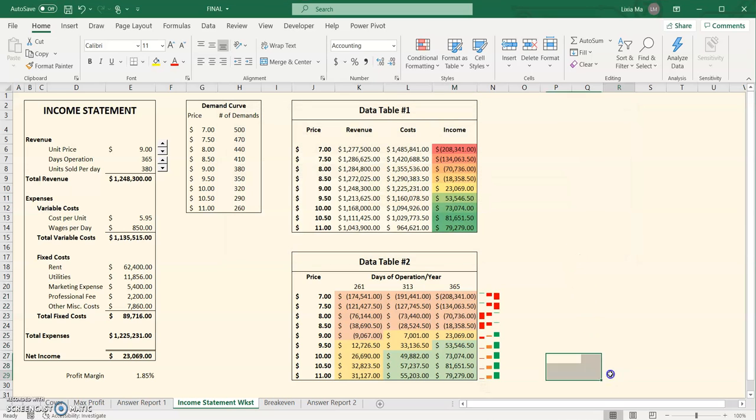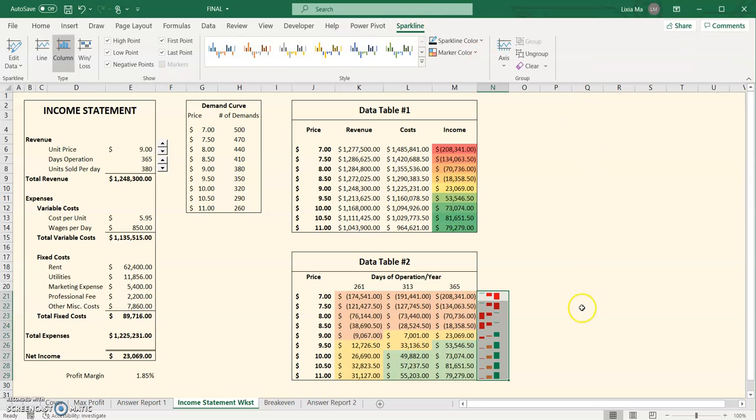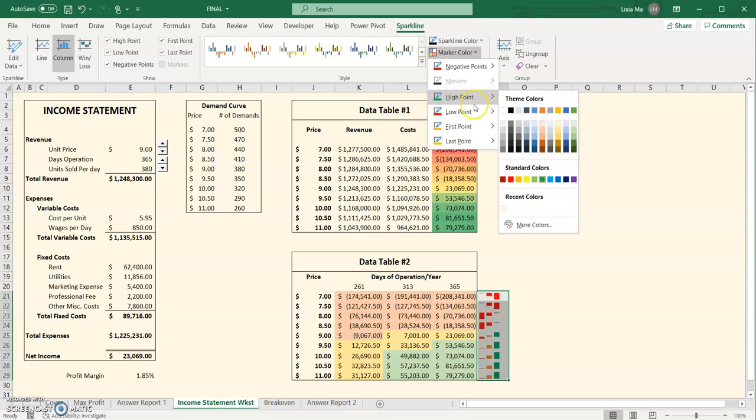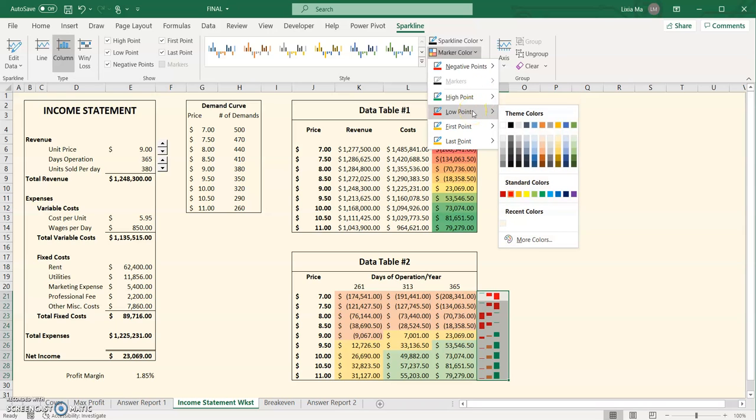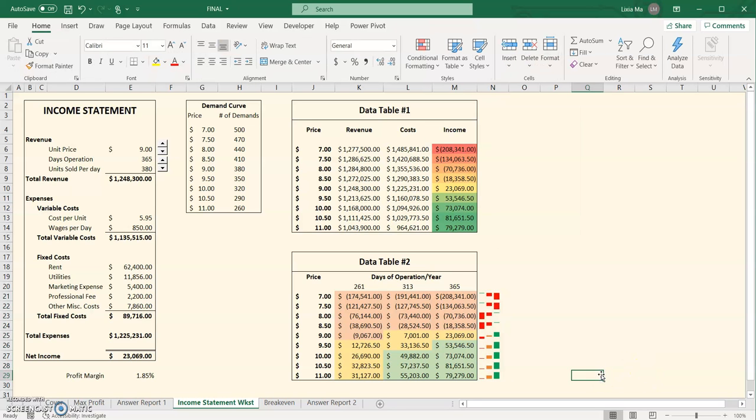This is a very helpful tool as it provides a clearer view of how the company is operating. This is a sparkline based on the 3 results I have over here. I also formatted it so that any negative numbers are colored in red and any positive numbers are colored in green.